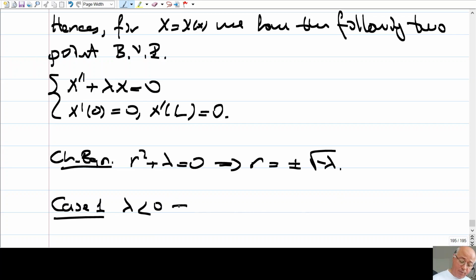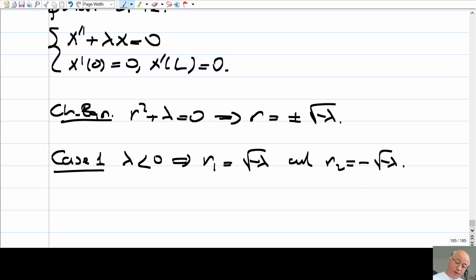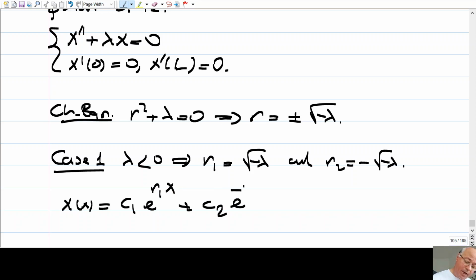In that case, we have R1 is just the real number square root of minus lambda, and R2 is minus this. So let's see what we get. X of x is just C1 times e to the power R1 x plus C2 times e to the power minus R1 x, right? R2 is just minus R1.